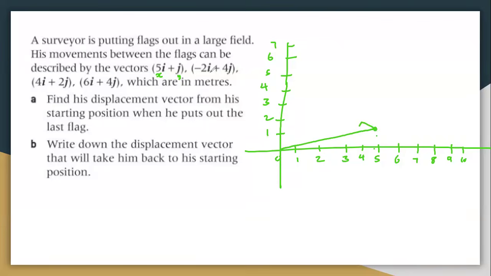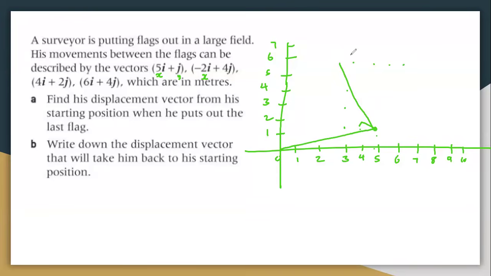Then from there, he moves negative 2. It means as if someone is moving backwards. So you move 2 steps backwards, 1, 2, up to here. Then I move 4 up: 1, 2, 3, 4. Then from there, he moves 4 in the positive: 1, 2, 3, 4, and then he moves 2 up.